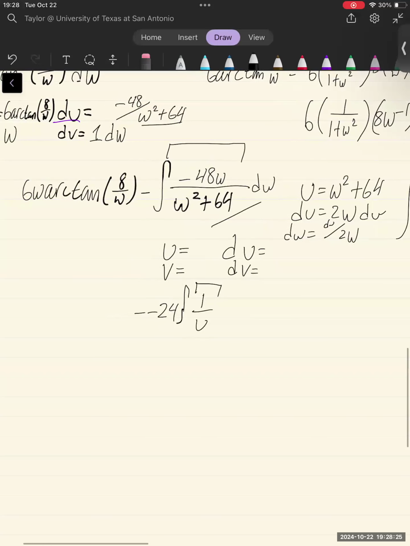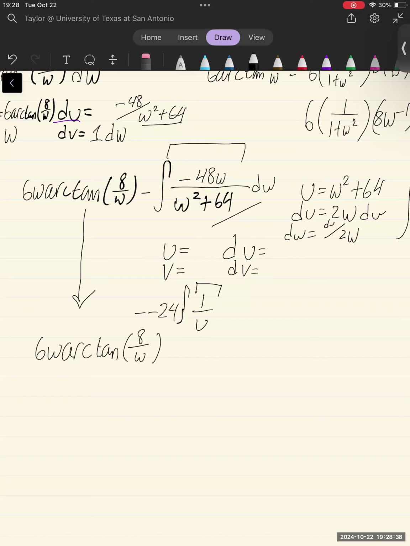So we get, as a final answer, also substituting in my u at the same step, 6w arctan 8 over w plus 24 natural log of w squared plus 64. Very nice. Thank you to whoever called out the u sub. Saved us a lot of work there.